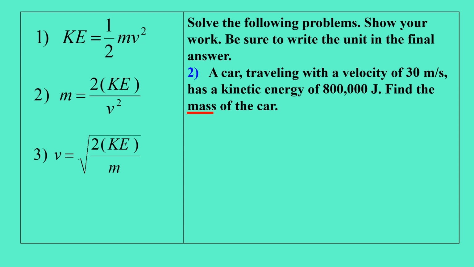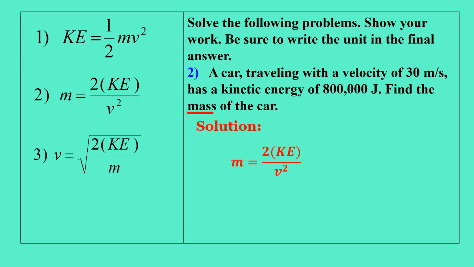Number 2. A car traveling with a velocity of 30 meters per second has a kinetic energy of 800,000 joules. Find the mass of the car. Since we are required to find the mass of the car, we use formula number 2. m is 2 times KE all over v squared.